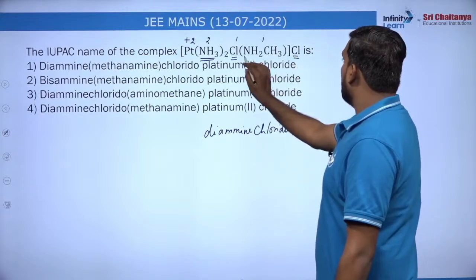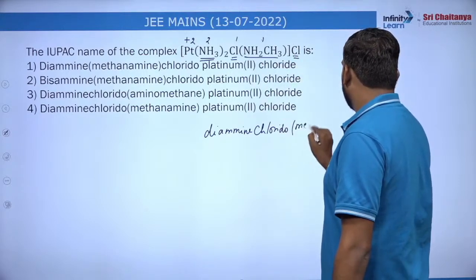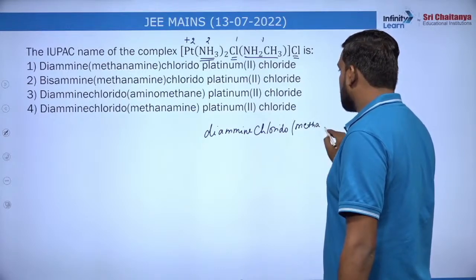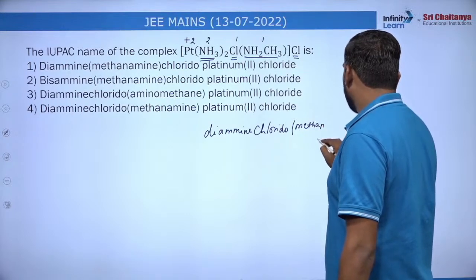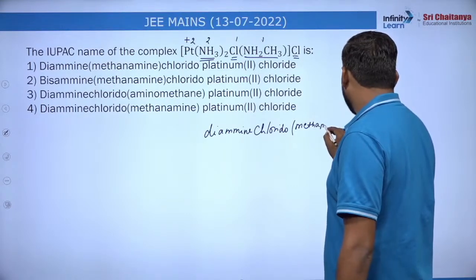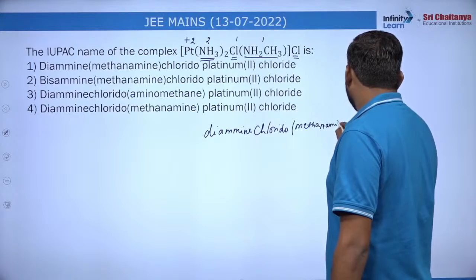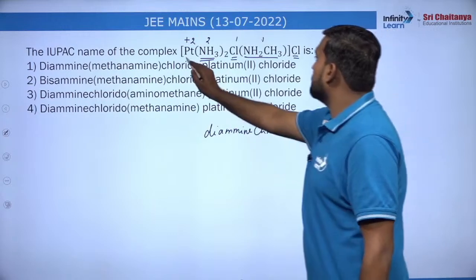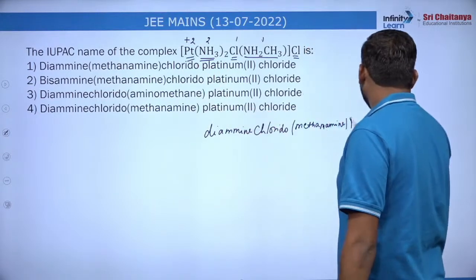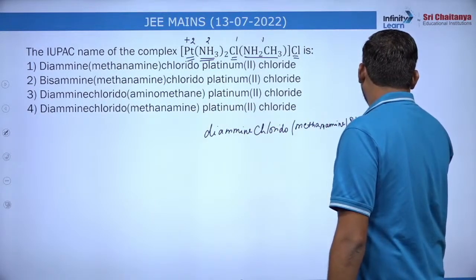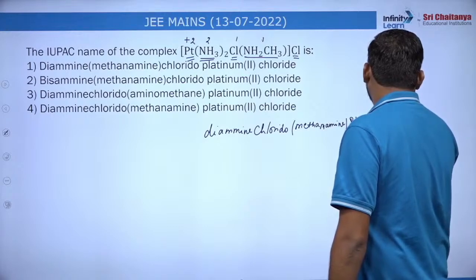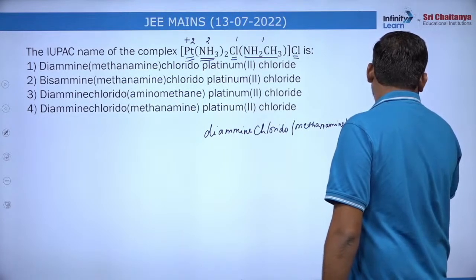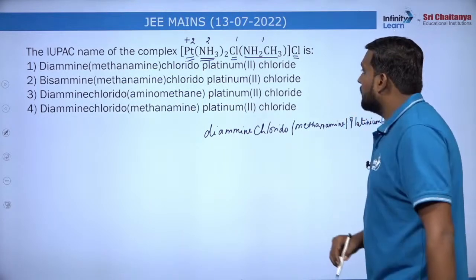Then this is an organic ligand, so the name will be in parentheses. Methanamine, some authors write it as methanamine, some write it as methylamine. Then platinum(II), because platinum is present in +2, and then the normal chloride. Okay, so this will be the correct name of it.